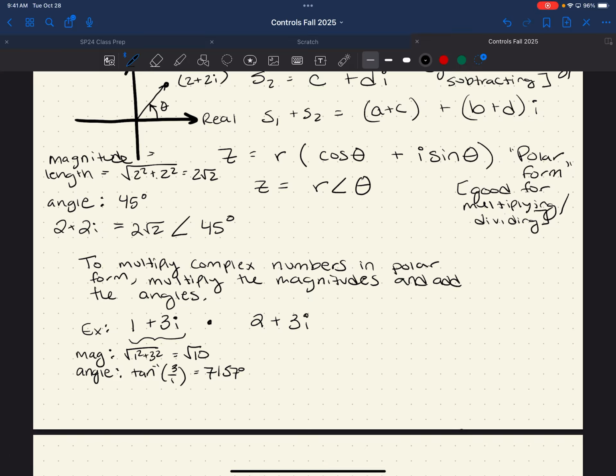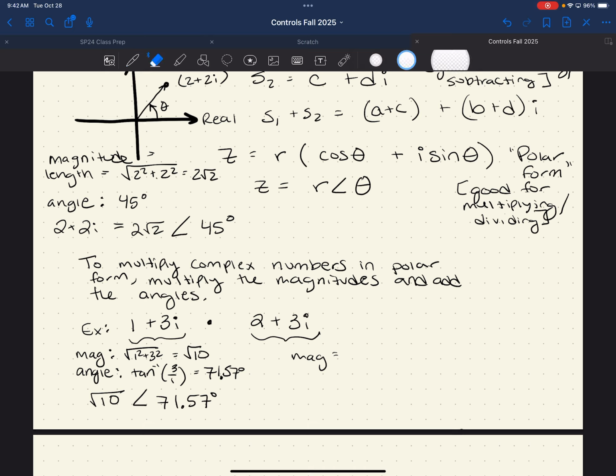Okay, so this first number should be root 10 angle 71.57 degrees. And this second one, the magnitude is what? Wake up your brains. Come on.